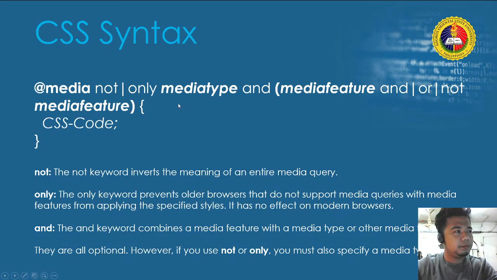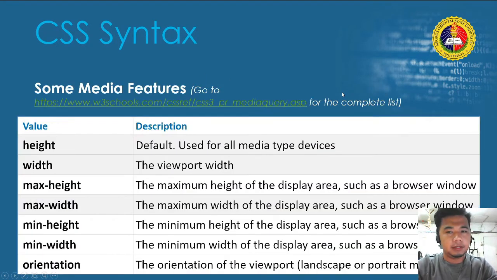That's one part. How about the media feature? The media feature refers to the condition on how the website is going to display. So we have height, max width, minimum width, and orientation.